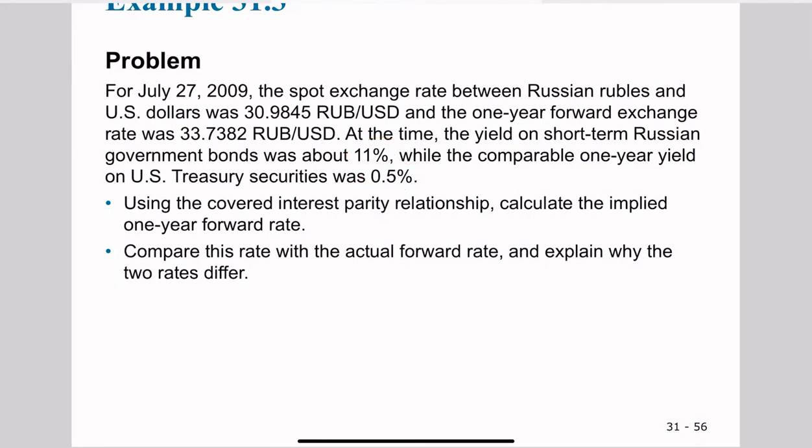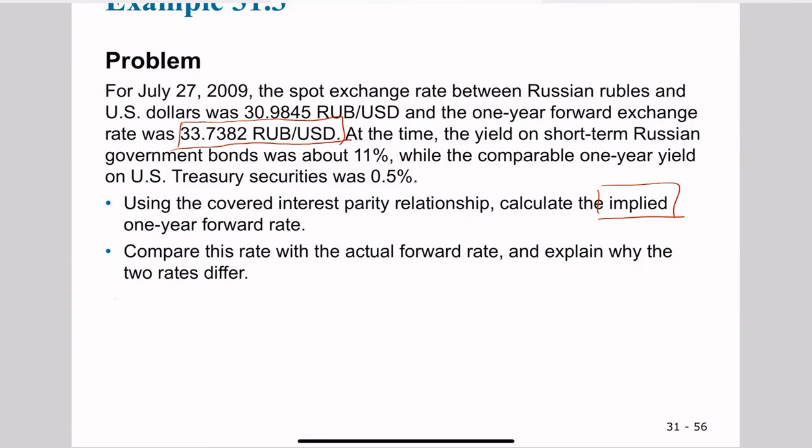The first question says, calculate the implied 1 year forward rate. So why are we using the word implied? Well, because we have the actual forward rate, right? We have the actual forward rate here. And now you're asked to find the 1 year forward rate implied by the covered interest parity relationship.